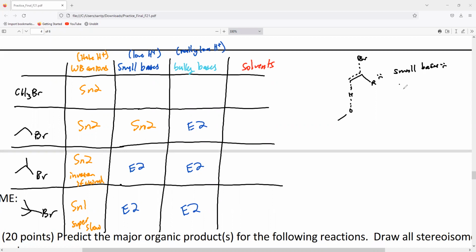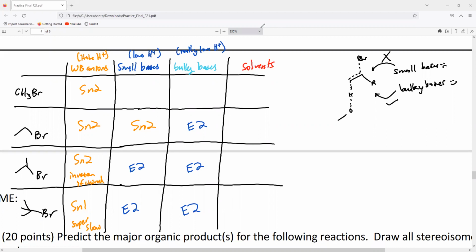Bulky bases, though, they're the exception. These guys are going to brute force an E2 if they have to. So these guys will do this reaction. They will do it. These guys won't, though. So bulky bases will eliminate primary, but small bases won't.